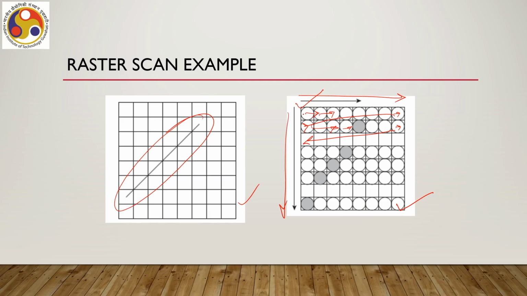So, since we are following a sequence and activating all pixels, we do not require precision. So, the corresponding rendering arrangement is much cheaper as compared to the selective rendering required for vector scan devices.